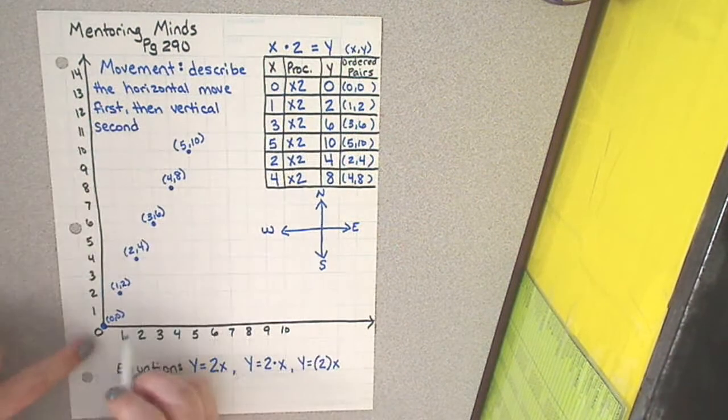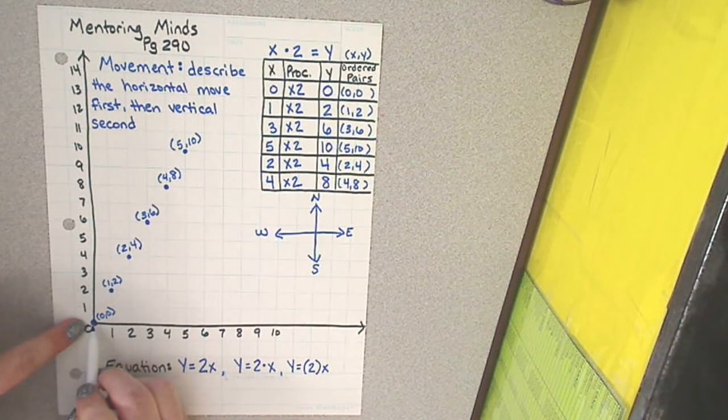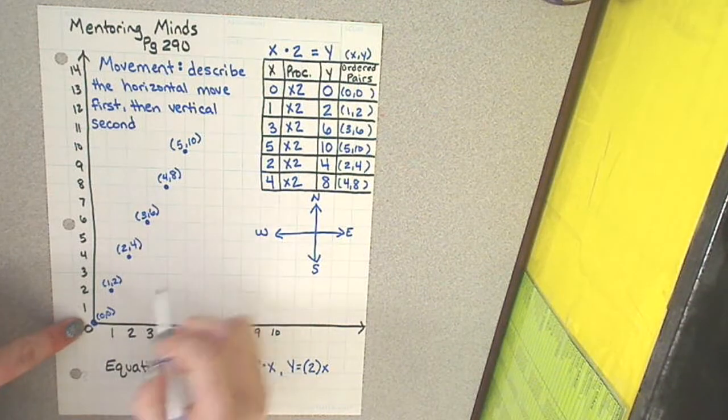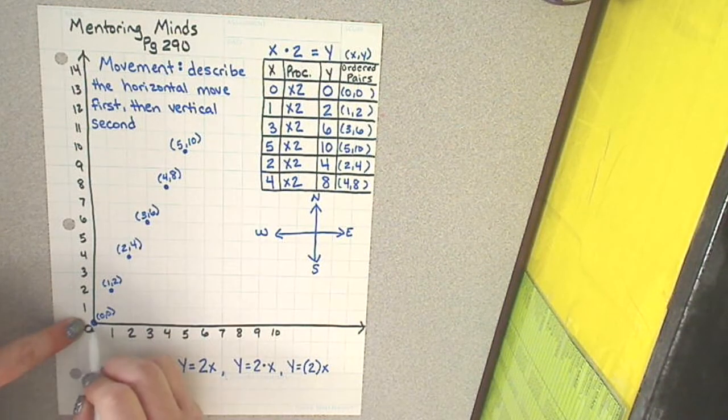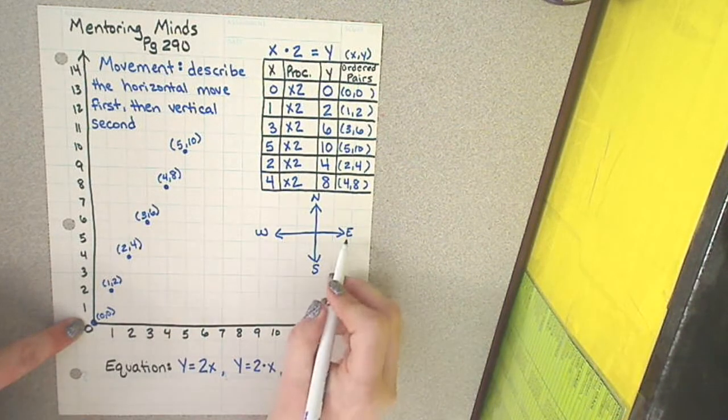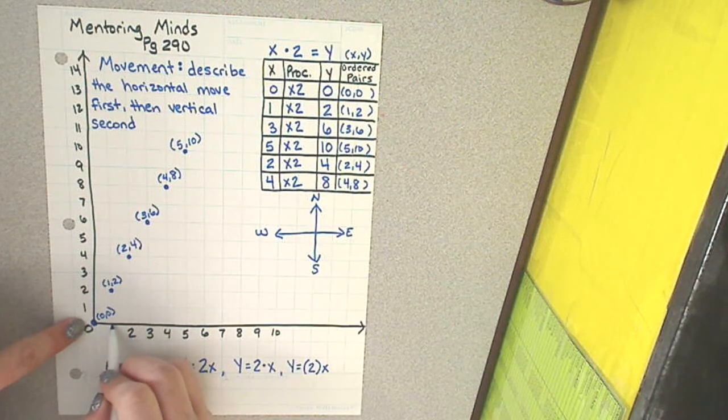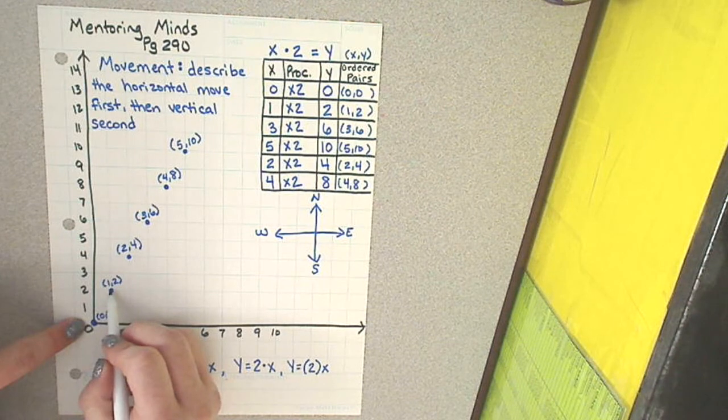All right, so if I'm starting at 0, 0, I can describe this as we are going to move east 1 square and go north 2 squares.